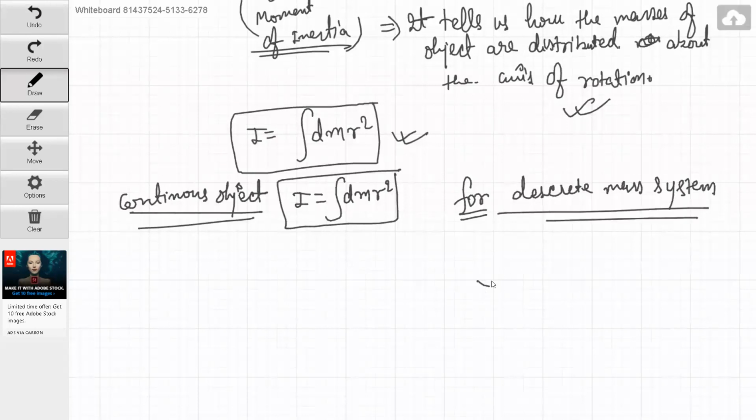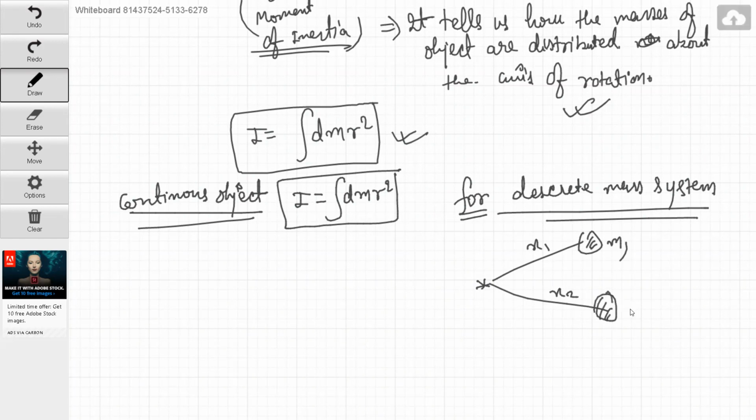suppose this is the axis of rotation. At x1 distance, there is a mass m1. At x2 distance, there is another mass which is kept and its name is m2. This topic is very, very easy. And at this point, there is another mass m3 at x3 distance. So what will be the moment of inertia about this one?